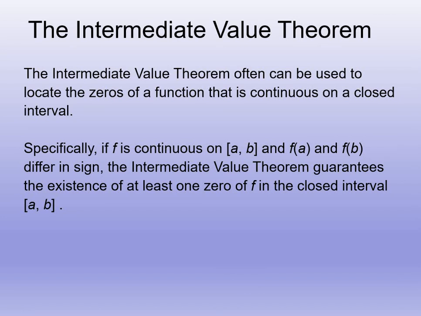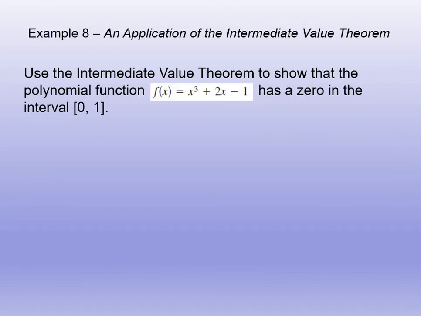If f of a is negative and f of b is positive, there's a sign change there, which means we had to go from negative to positive, which means a zero does exist. Or if we went the other direction, say f of a was positive and f of b was negative, we went from positive to negative, meaning we had to cross the zero, so that a zero does exist. That's where we have something good for the intermediate value theorem as it applies.